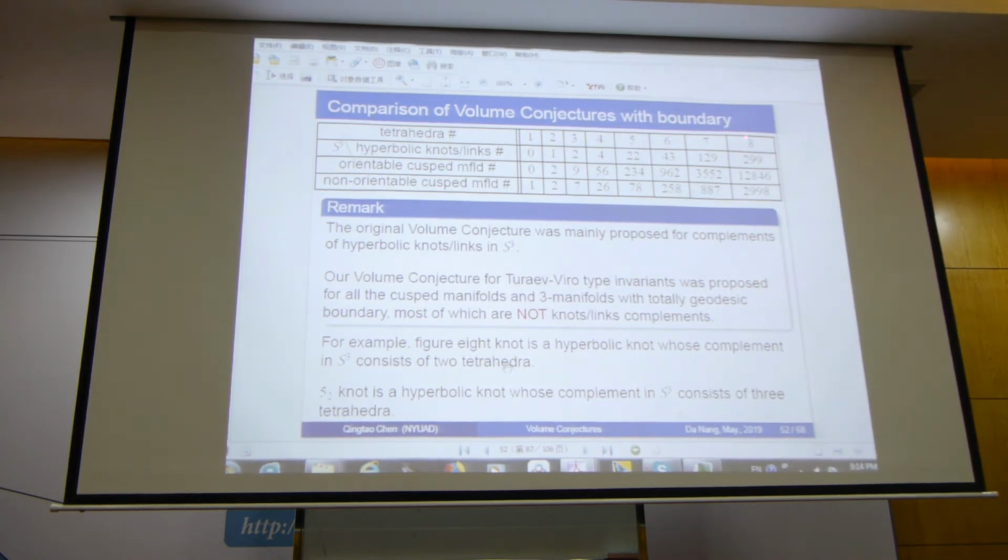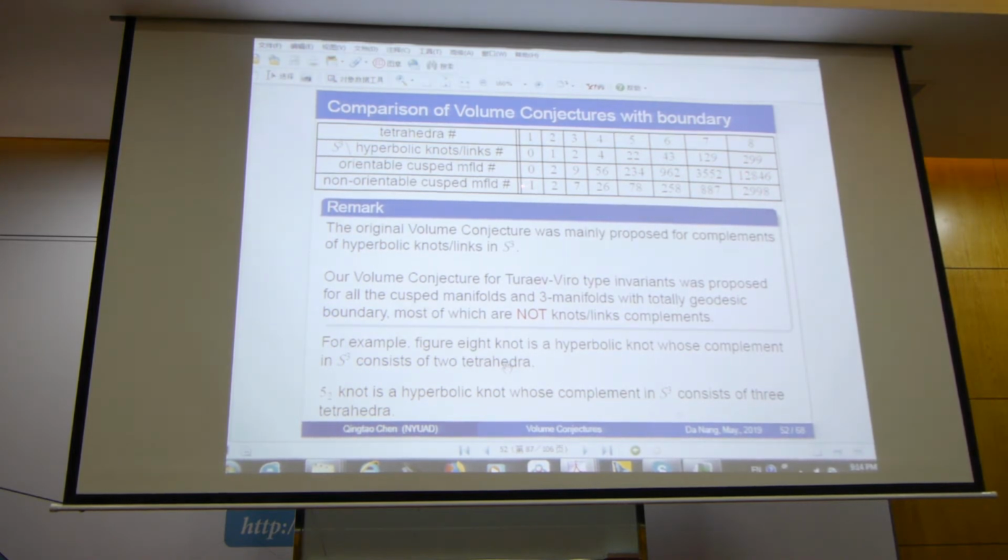And my volume conjecture with Kenyon, we have proposed for orientable manifolds and non-orientable manifolds, or even manifolds with totally geodesic boundary. The boundary is genus 2 or higher, even higher. This kind of example is included in this category. So we propose for all this category.